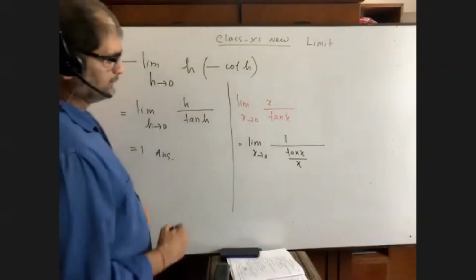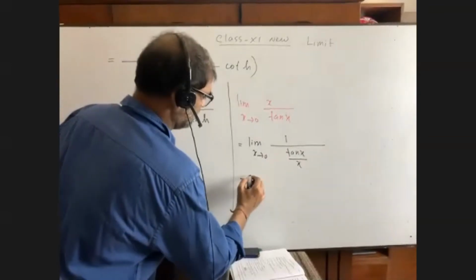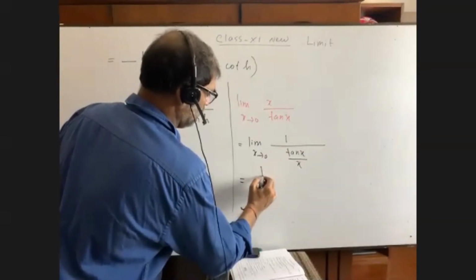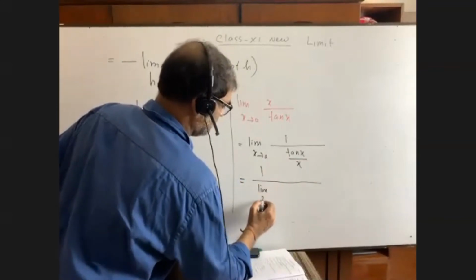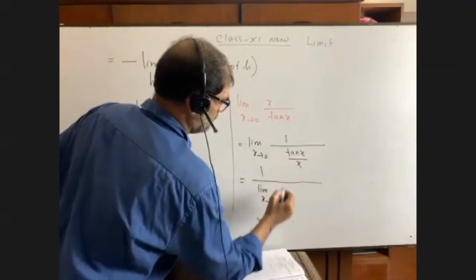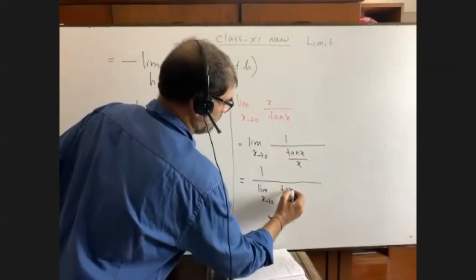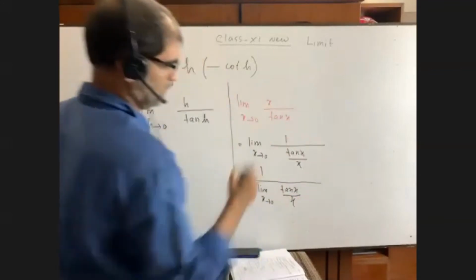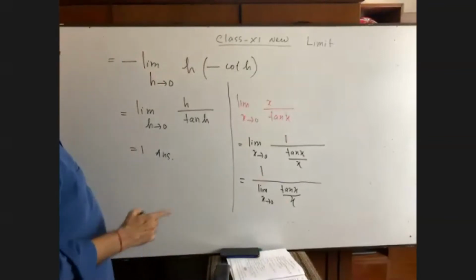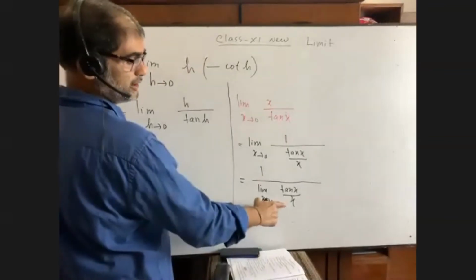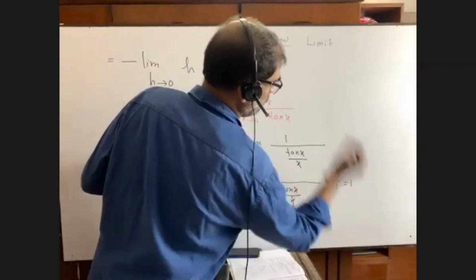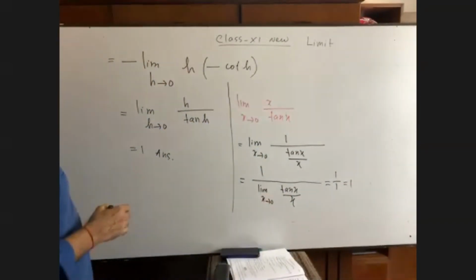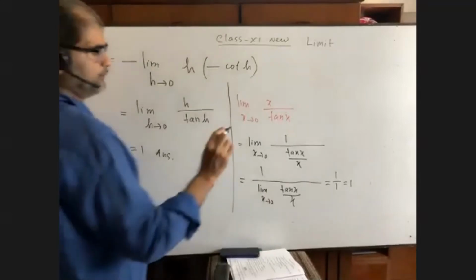Now you see, it can be written now as 1 by limit x tends to be 0, tan x by x. What is the formula here? 1. So that is 1 by 1 is equal to 1. So from today onward, we will come to know that.